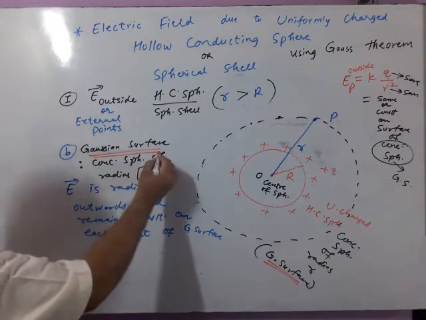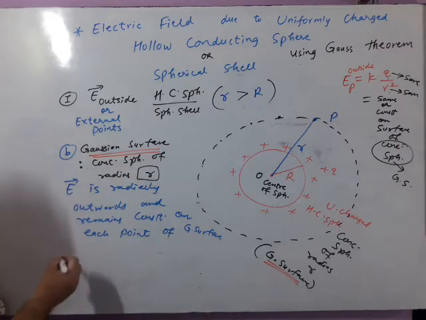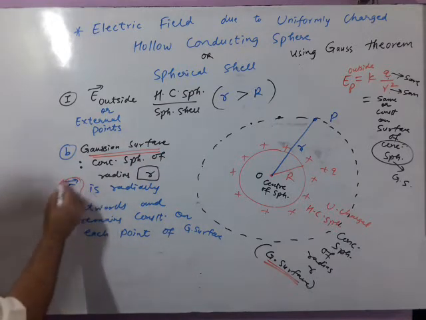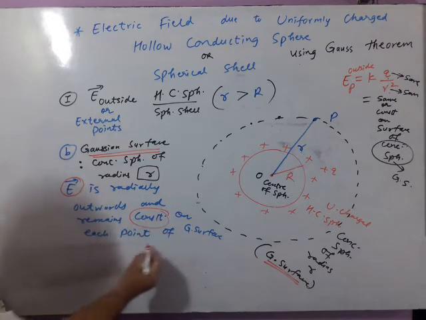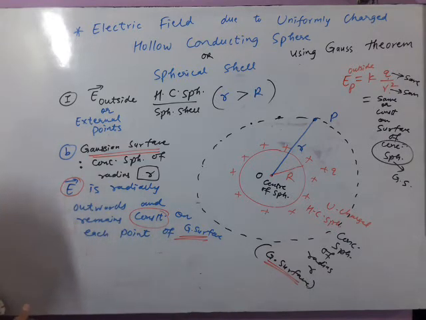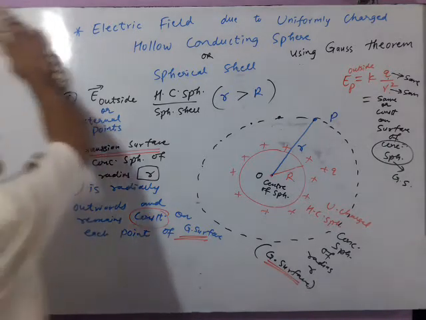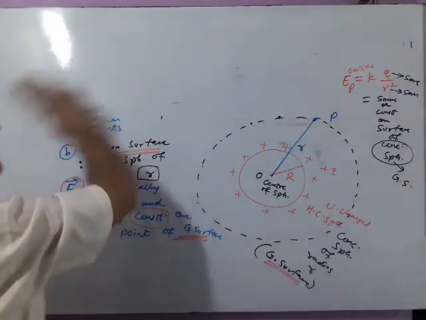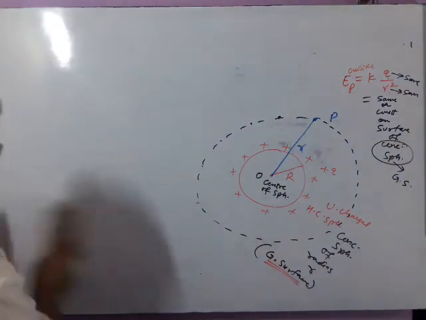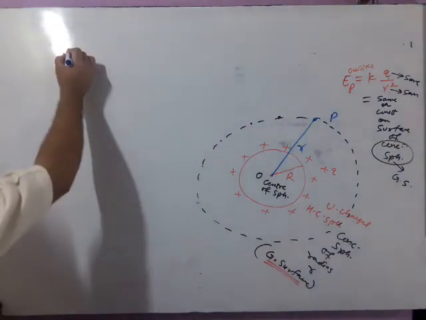Gaussian surface is considered, and electric field must remain constant on that Gaussian surface. Then and only then are we able to apply Gauss theorem. See the next point. This was part 1, point B.